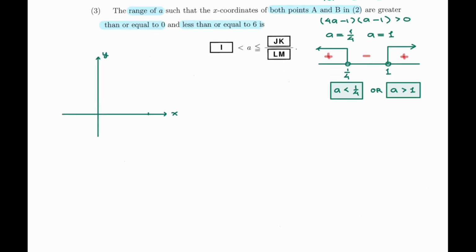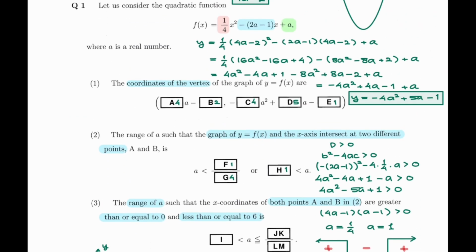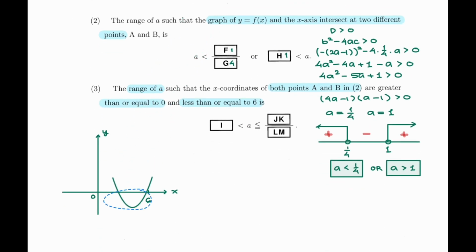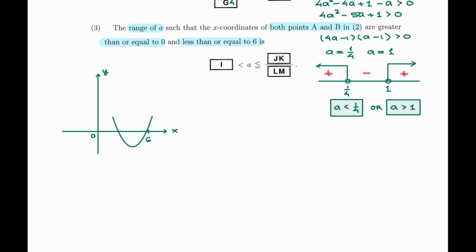Assume this is 6 and this is 0. So my quadratic graph should lie in this axis in such a way that the points A and B are greater than or equal to 0 and less than or equal to 6.